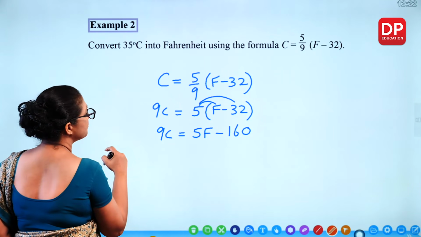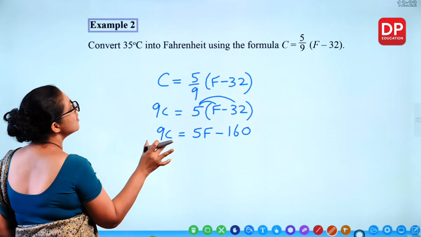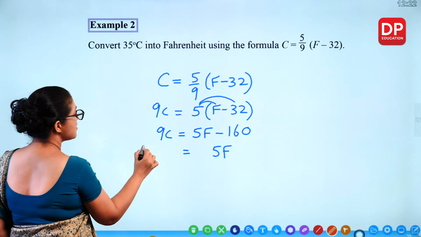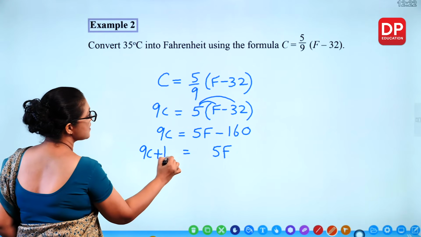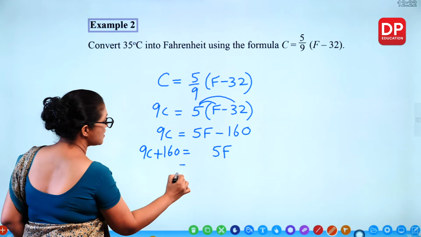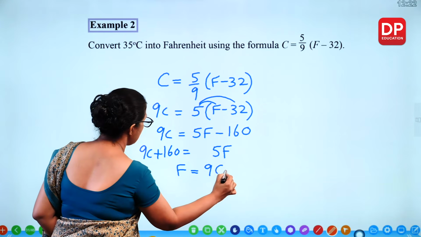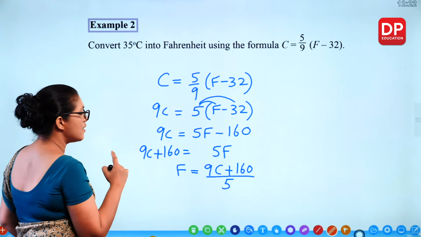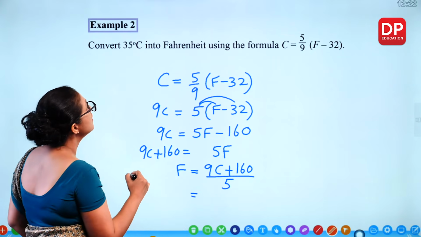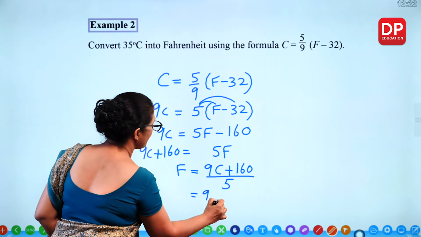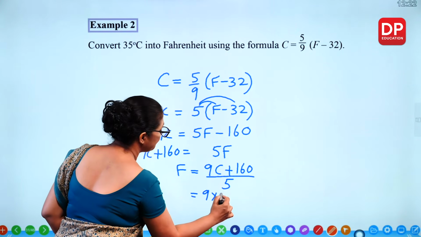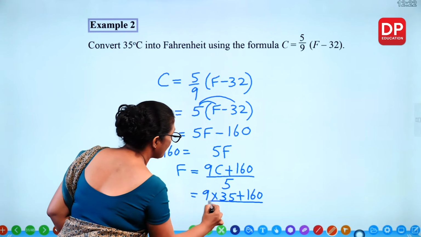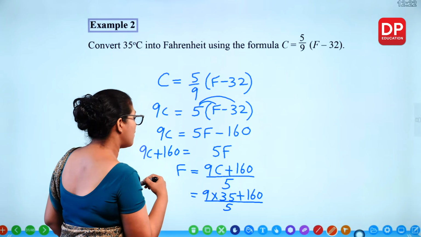9C. So I need F. So keep 5F here and take 160 to this side. That's plus 160. Now what is F? 9C plus 160 divided by 5. Now we'll substitute the values. 9, the C value is 35, plus 160, and divide by 5.